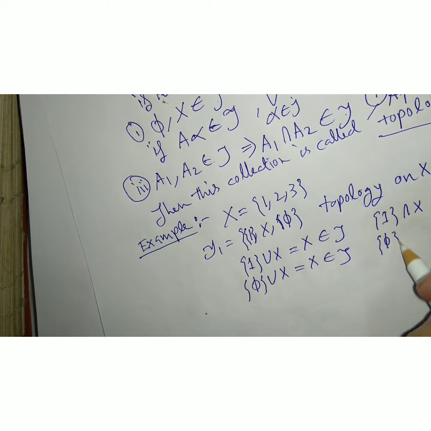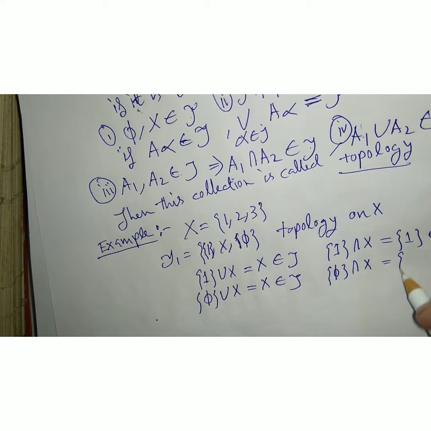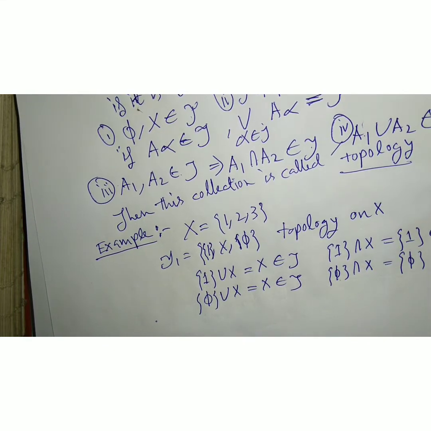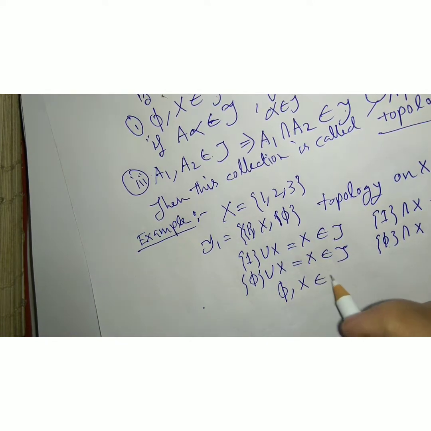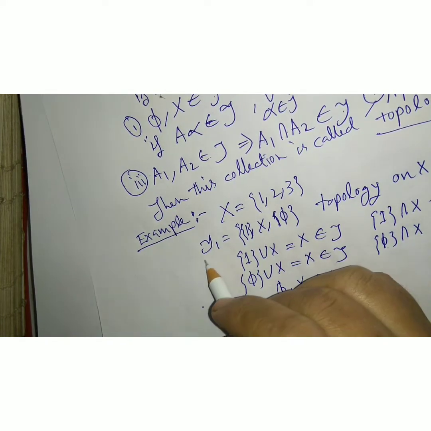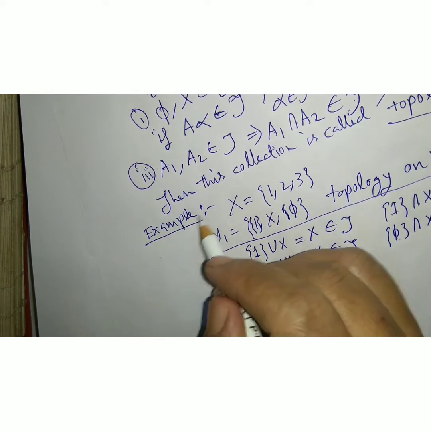Phi intersection X equals phi belongs to tau, and phi and X both belong to tau. So it is a topology.